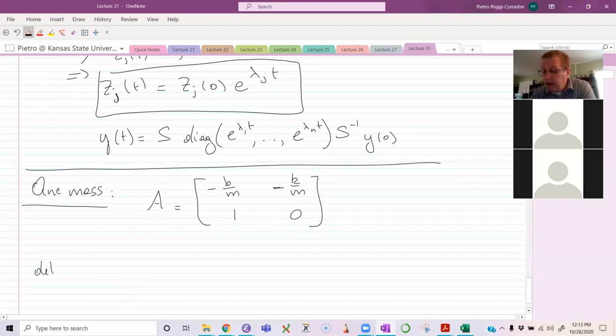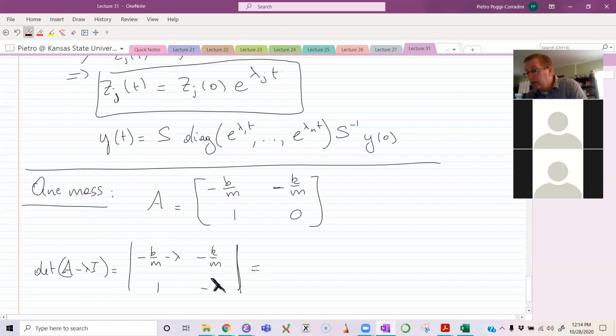Let's compute the determinant of A minus lambda I. Minus b over m, the minus and the minus cancel, so we get that.